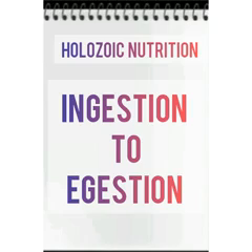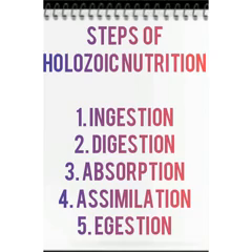E means expel, excrete. So you can remember that egestion means removal of waste materials, expelling the waste or undigested food material from the body. These are the steps of holozoic nutrition.